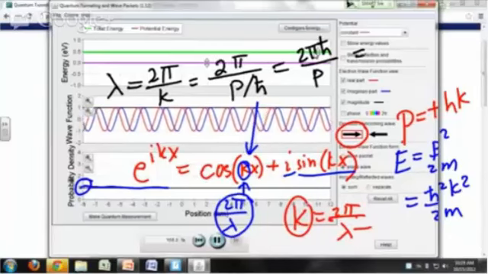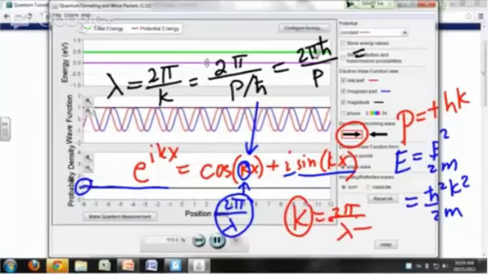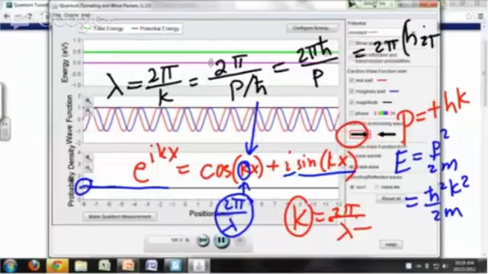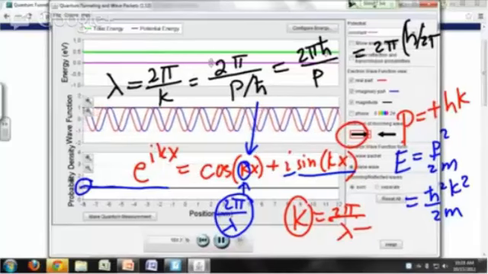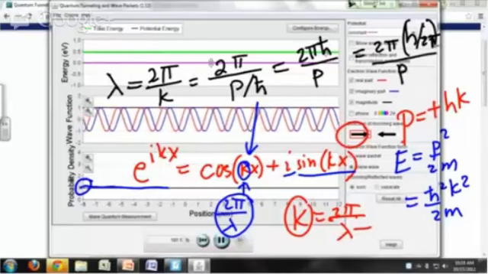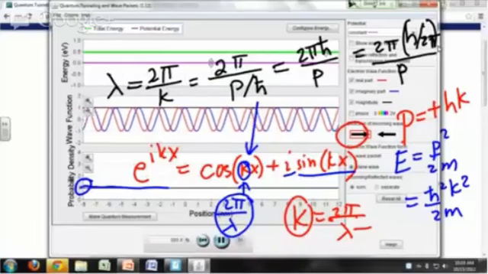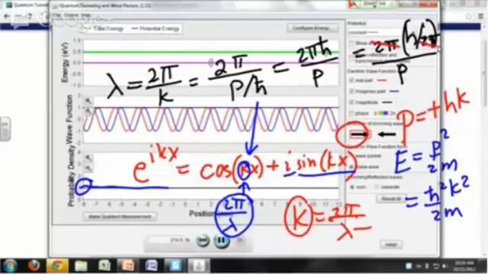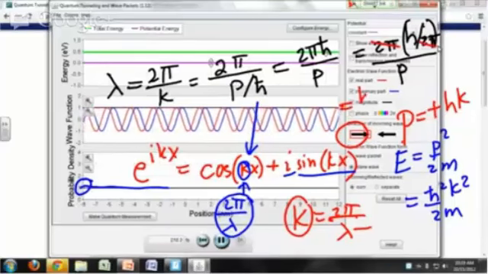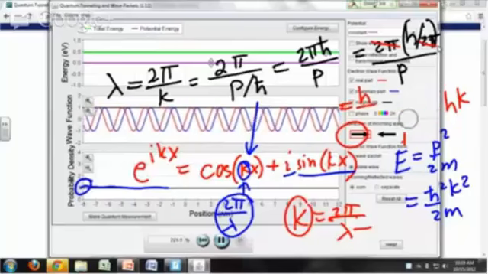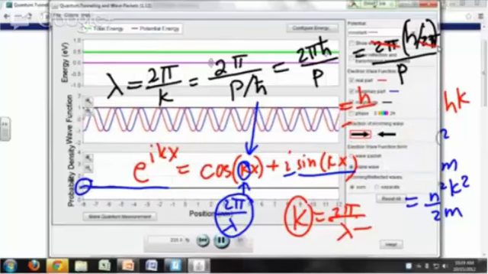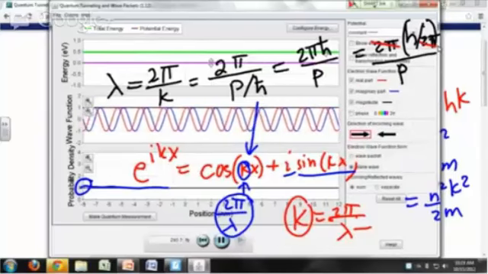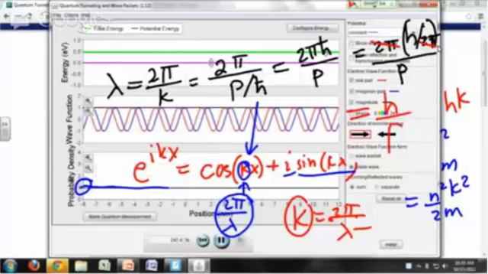And what is h bar? H over 2 pi. So this is going to be 2 pi times h over 2 pi divided by p. Your 2 pi cancels out. So your lambda is nothing more than h over p.